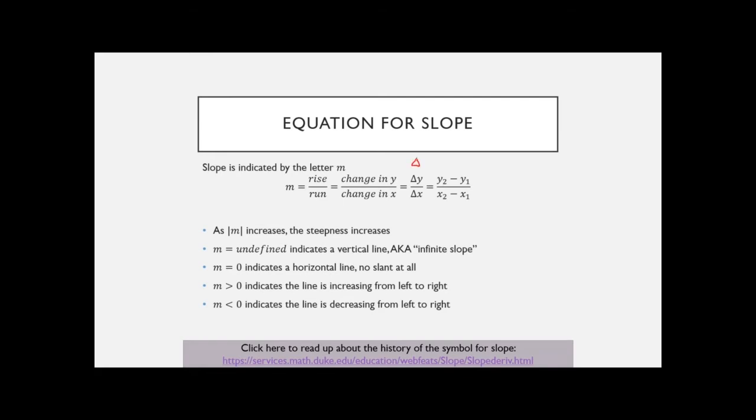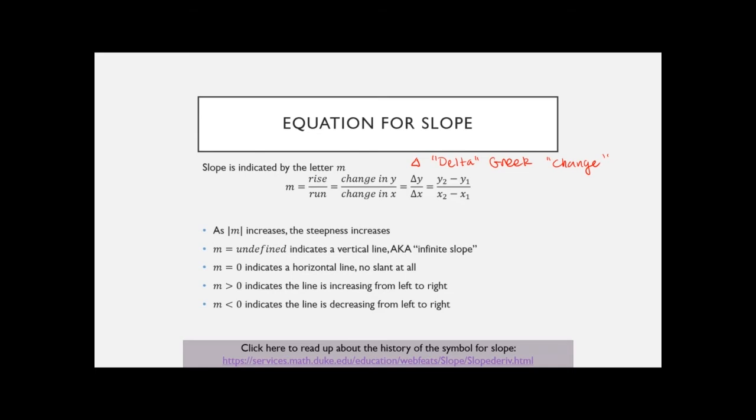These are actually the Greek letter delta. It's one of the letters from the Greek alphabet, and it just means change. So in math, instead of writing change, we'll just use delta. It's just a shortcut for the word change.